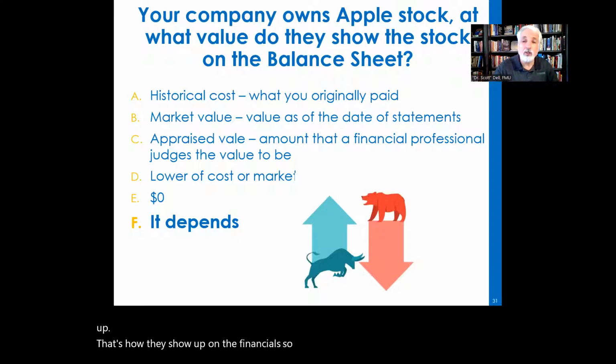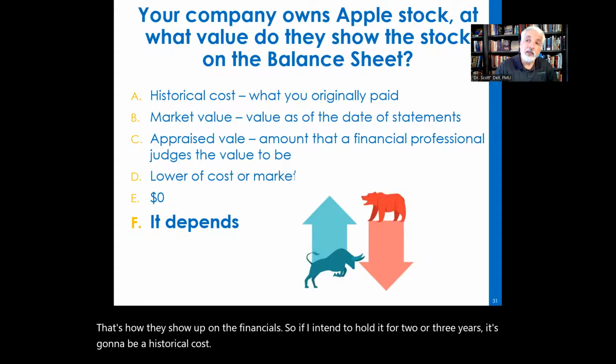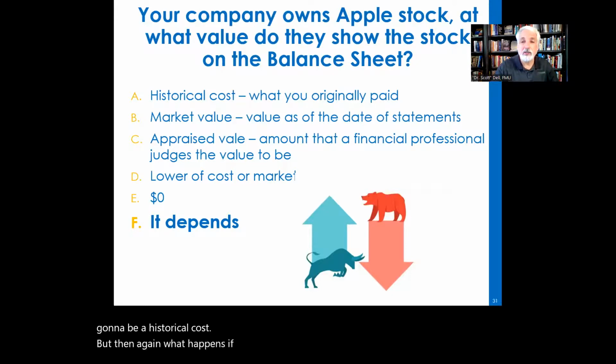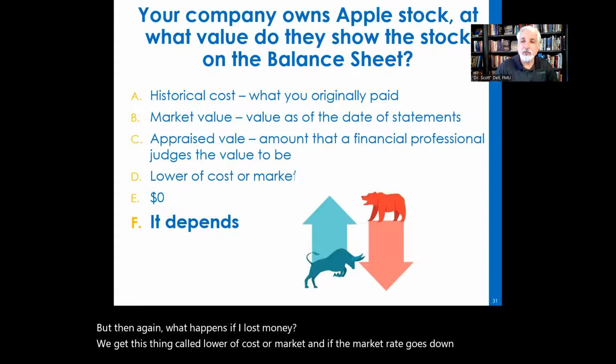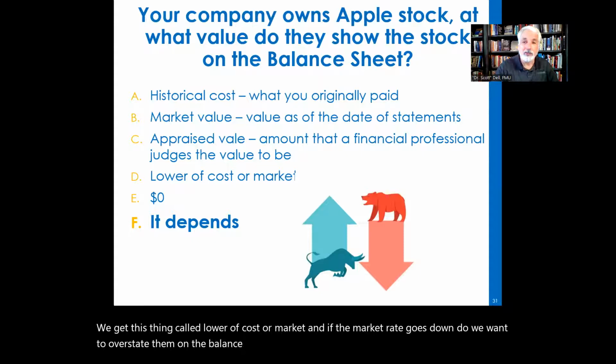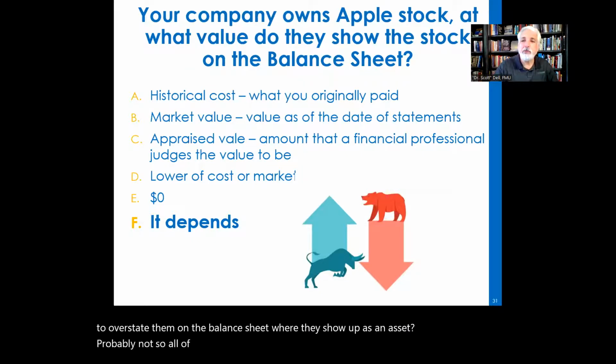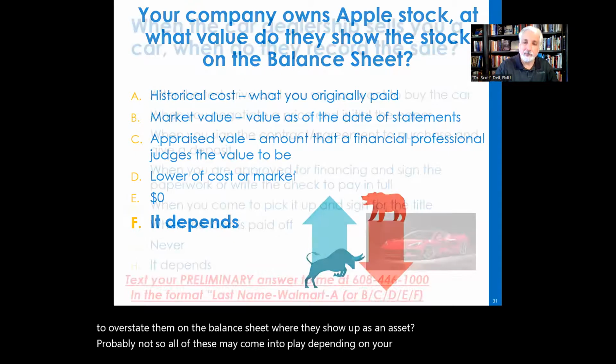So if I intend to hold it for 2 or 3 years, it's going to be historical cost. But then again, what happens if I lost money? We get this thing called lower of cost or market. And if the market rate goes down, do we want to overstate them on the balance sheet where they show up as an asset? Probably not. So all of these may come into play depending on your intentions of how to handle that.